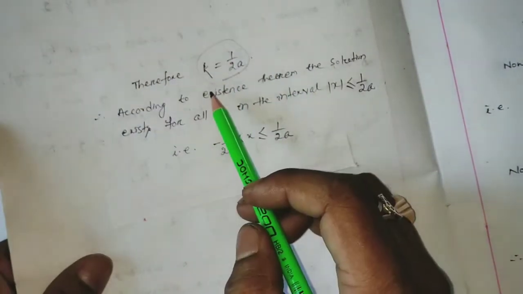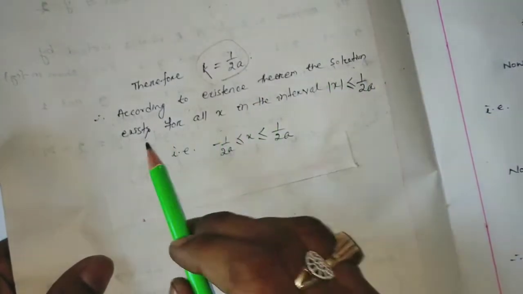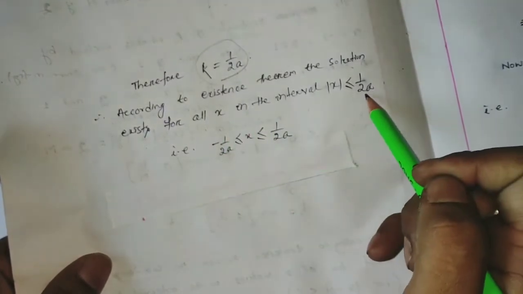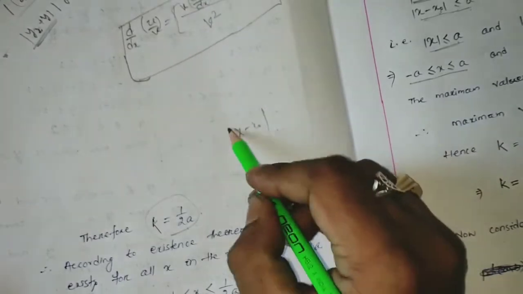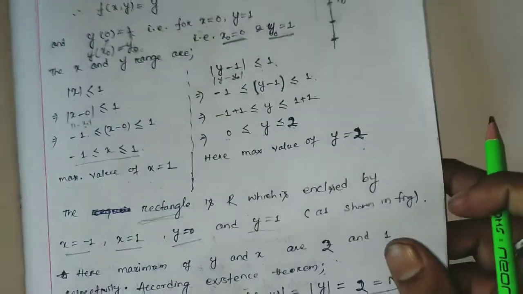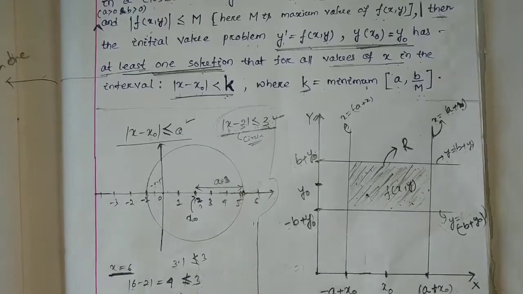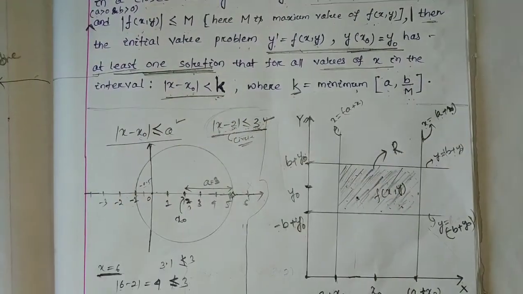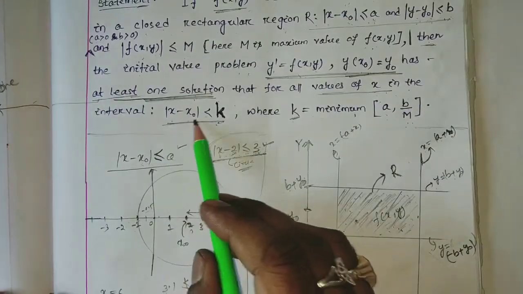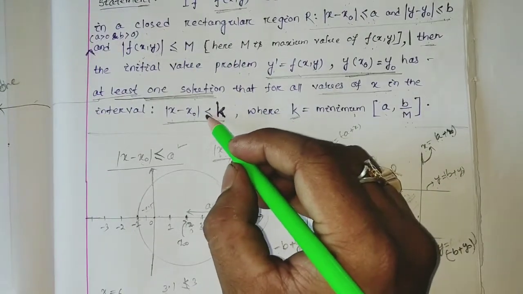So according to the existence theorem, we can say that the solution exists for all x in the interval mod of x minus x0 less than or equal to 1 by 2a. Here it has been written less than or equal to. Just wait. In the theorem it is written less than, right? Some books write x minus x0 less than k in the theorem, and some books write less than or equal to k.